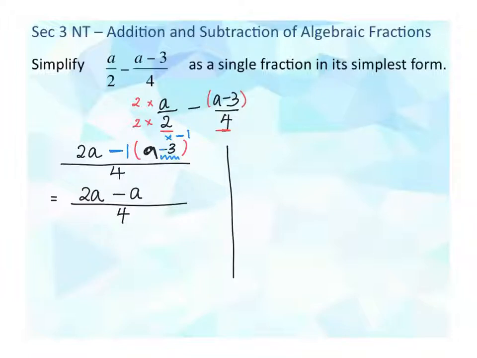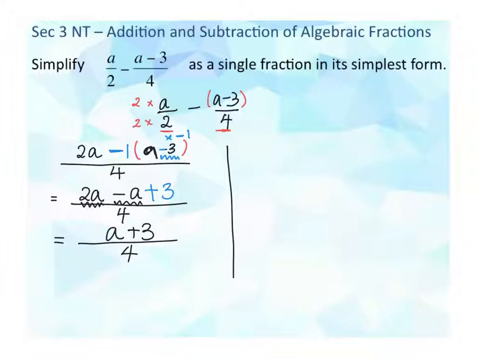Negative times negative gives me positive. 3 times 1 gives me 3. And simplifying this, 2a minus a will give me a plus 3 over 4. Check that there's no common factor at all, so this will be the final answer.